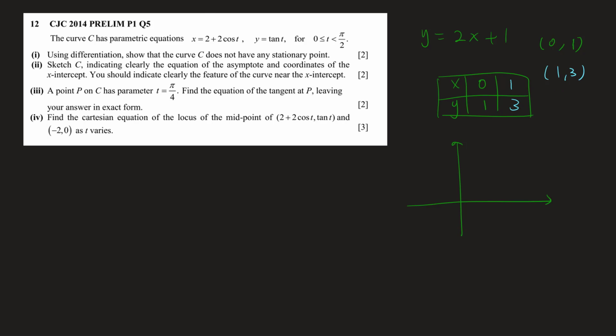What that means is if you go to the graph, 0, 1 is here, 1, 3 is here. These are 2 points that satisfy this equation. Now you can actually go and find a lot more points other than these two, right?